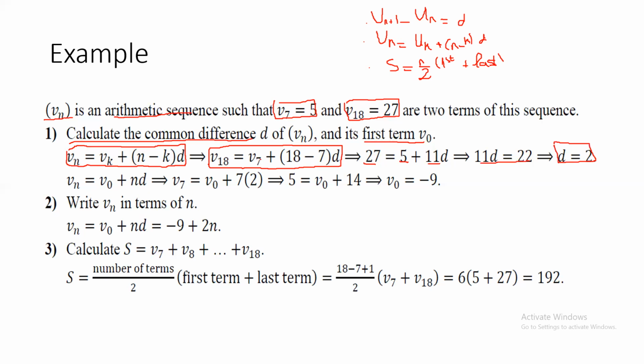So V7 equals V0 plus 7 minus 0 times d. d is 2. So we get 5 equals V0 plus 14 and V0 equals minus 9. Any questions about part 1, Shabir? No.